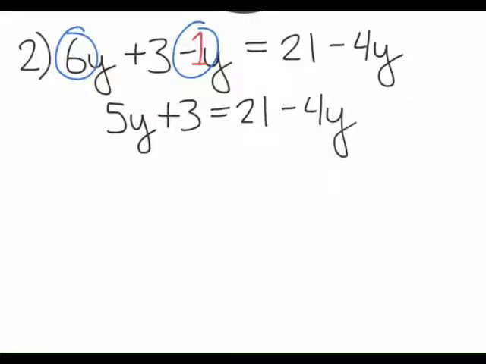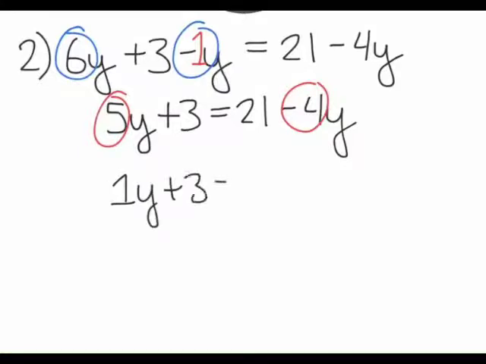Alright, so now we've gotten from 3 y's down to 2 y's. Where do we go from here? Well, you might be tempted to say 5 minus 4 equals 1. So 1y plus 3 equals 21. But that is wrong. Do you see why it's wrong? Notice what is different about this situation compared to the last two situations.